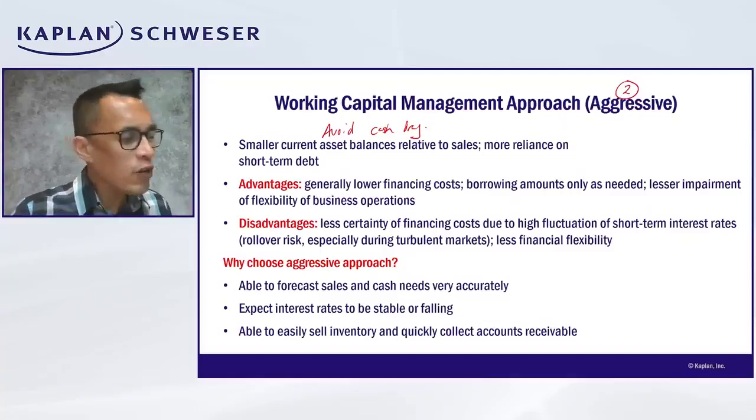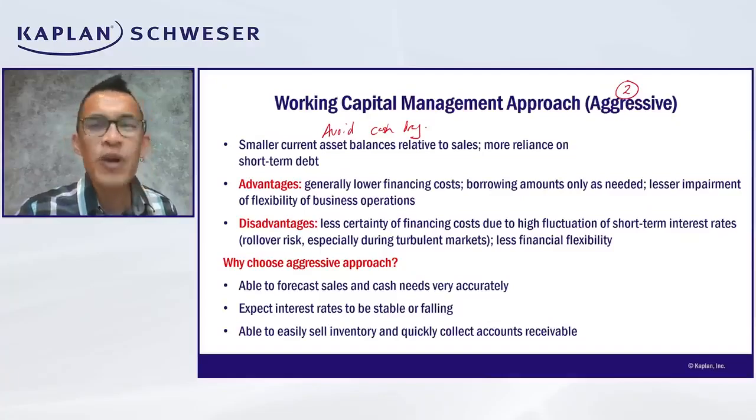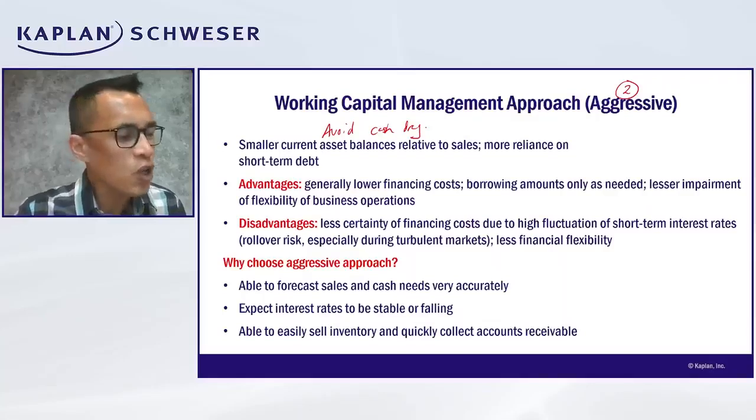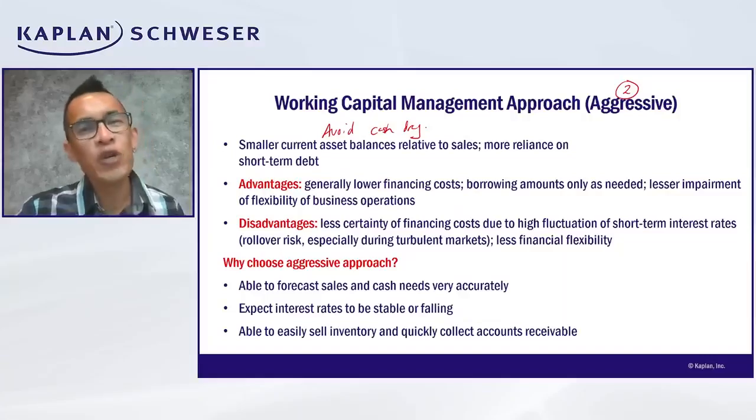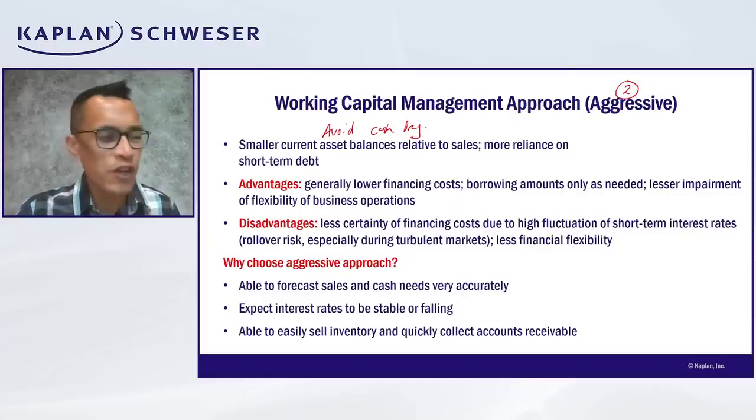The very small working capital balances assume that inventory holding periods are very short, so they either use the just-in-time system or they know they can get rid of inventory quite quickly. Okay, so this would depend on the nature of the business.